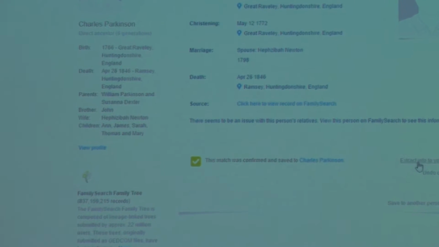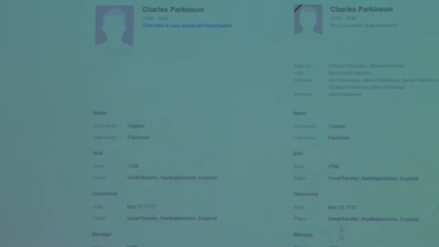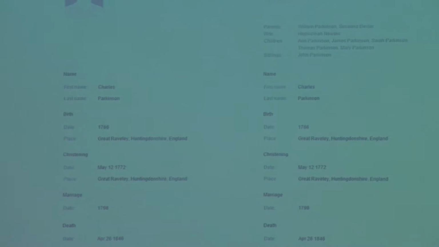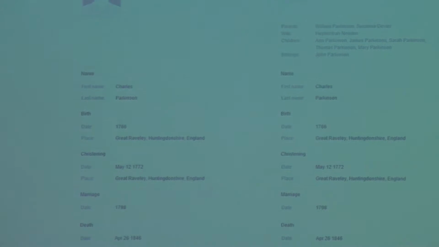And then I can extract or compare the two, and on the left-hand side is Family Tree, on the right-hand side is my MyHeritage Family Tree. If there were any differences, there would be little arrows in here telling you that there were differences, and you would have the option of moving that information into MyHeritage from Family Tree.